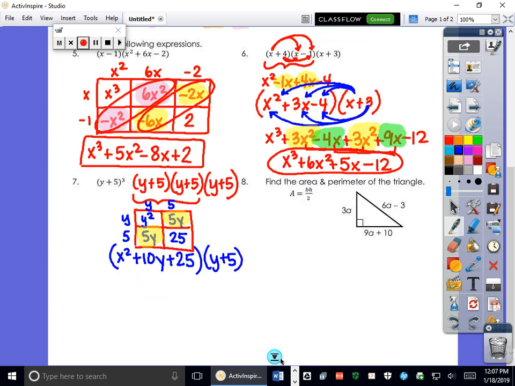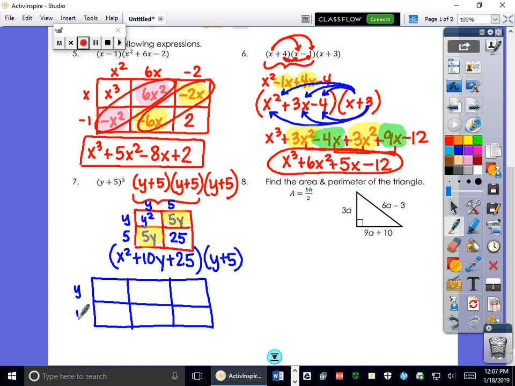Okay, so I'm going to do a 2 by 3 box for this one, just like we did in number 5. Y plus 5, that's two terms. Y squared, 10y, and 25 should go here.